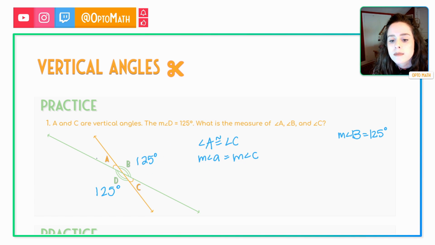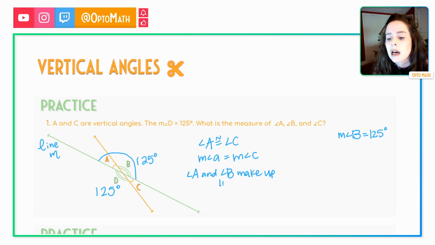Think about this. This is line, let's say this is line M. Well, A and B make up line M, okay? Angle A and angle B make up line M. So because of that, they form a straight angle, also known as a linear pair.